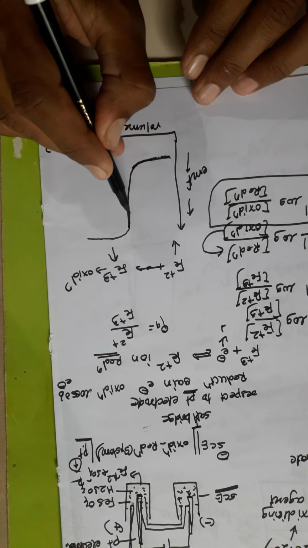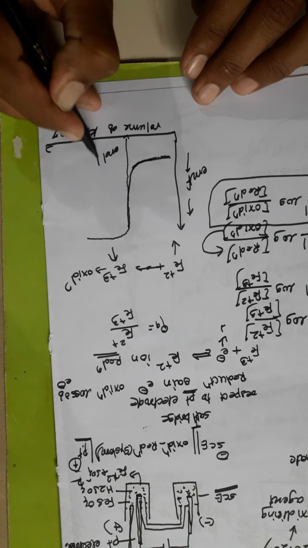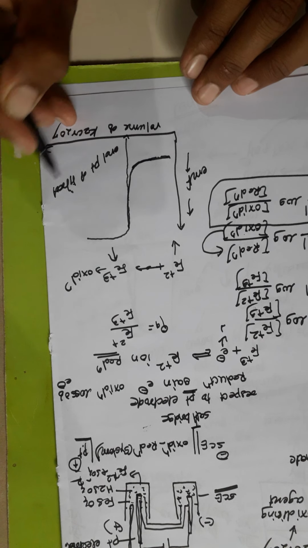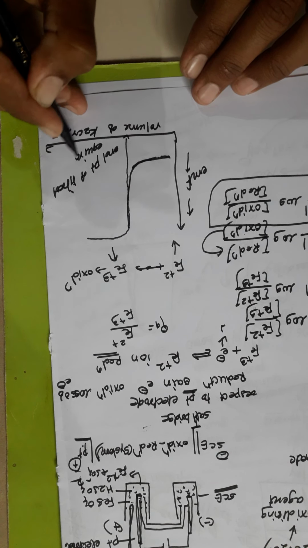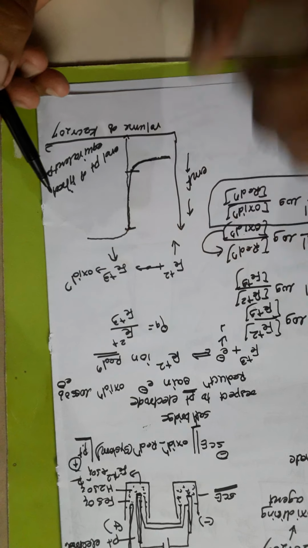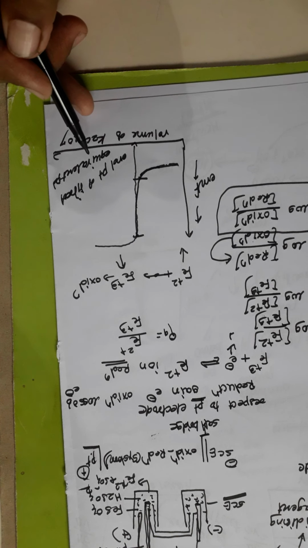This sharp increase of EMF is also called the end point of titration, or the equivalence point of titration.